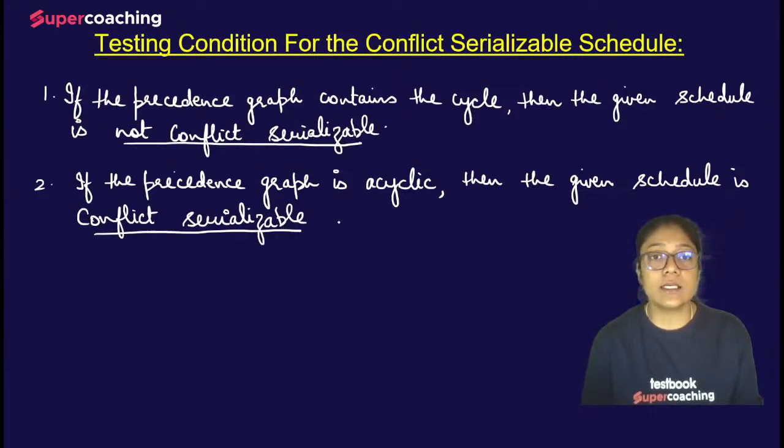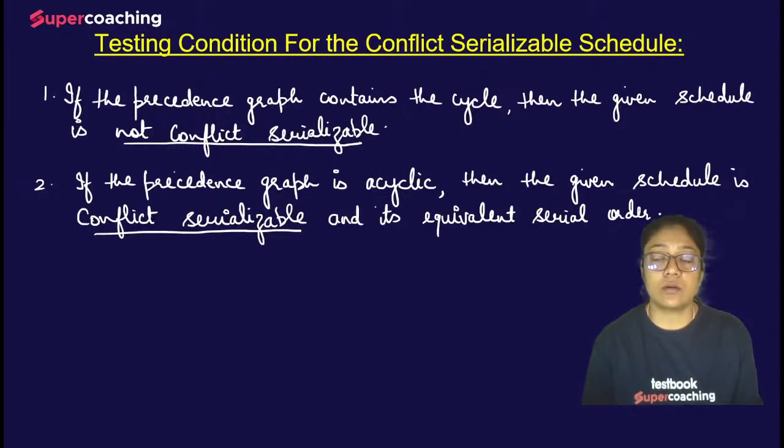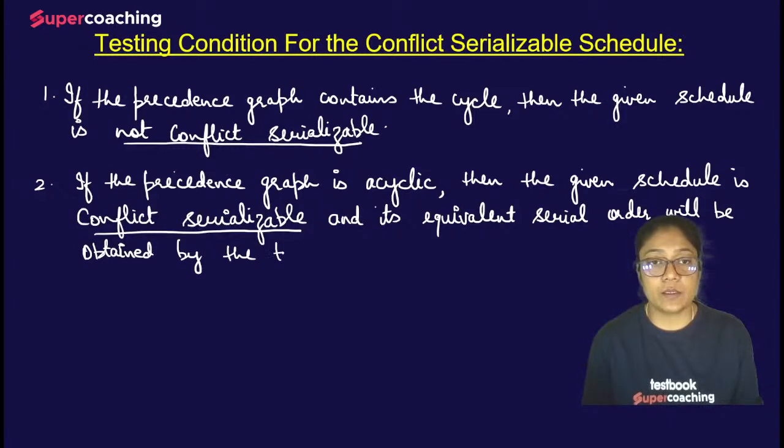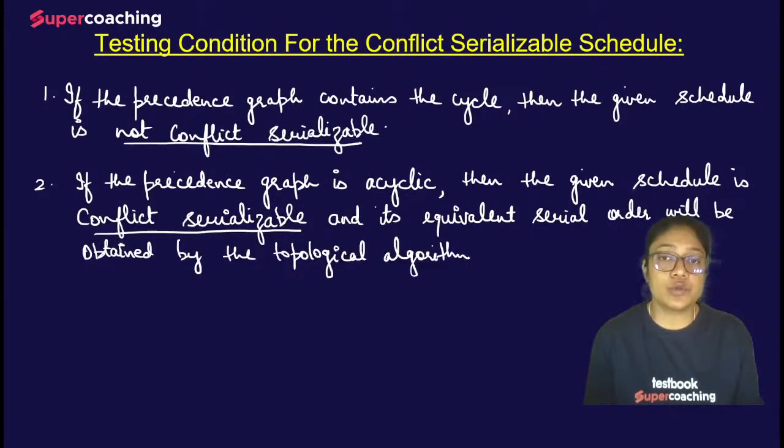And if it is serializable, there will be some serial order, and its equivalent serial order will be obtained by the topological algorithm.